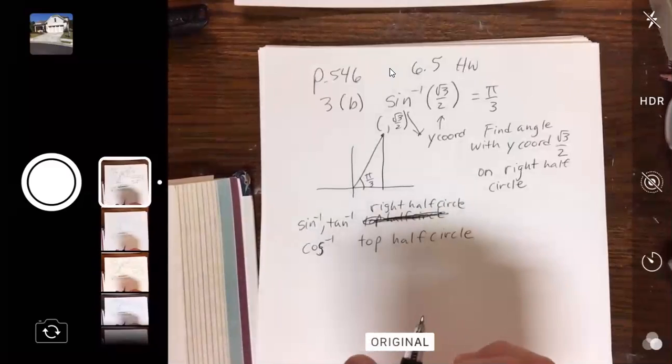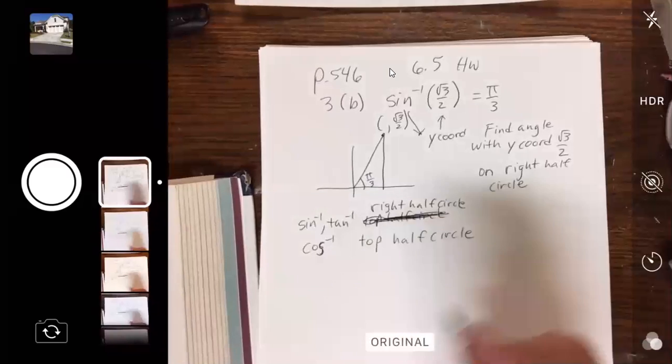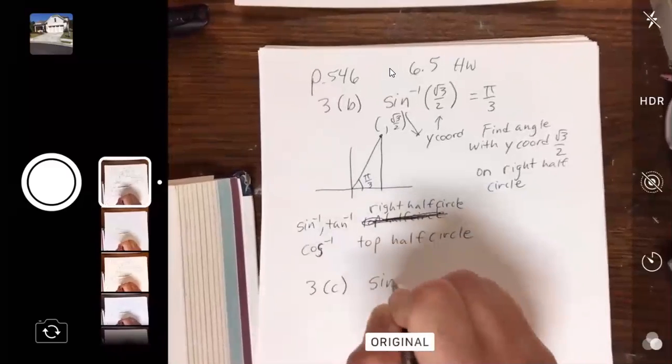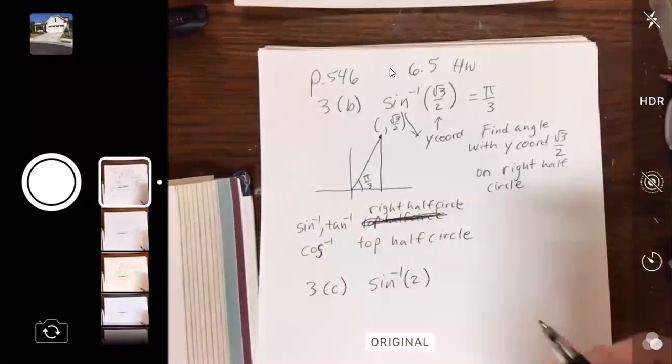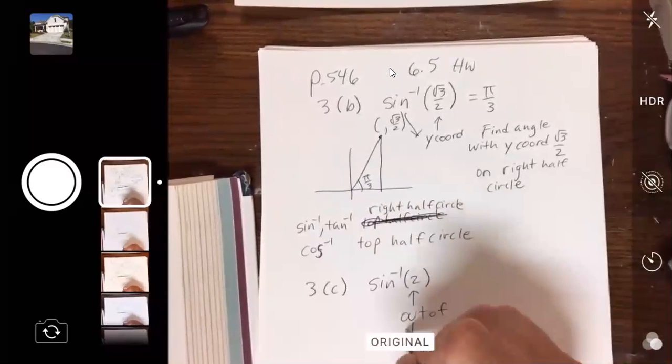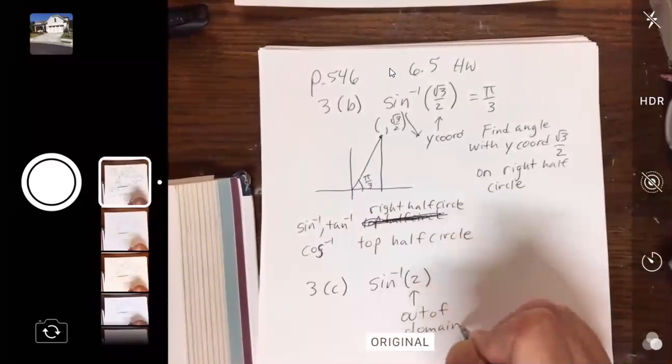Is there a tricky one where they're going out of domain? Okay, 3C. Arcsine of 2. This is out of domain, so this is undefined.